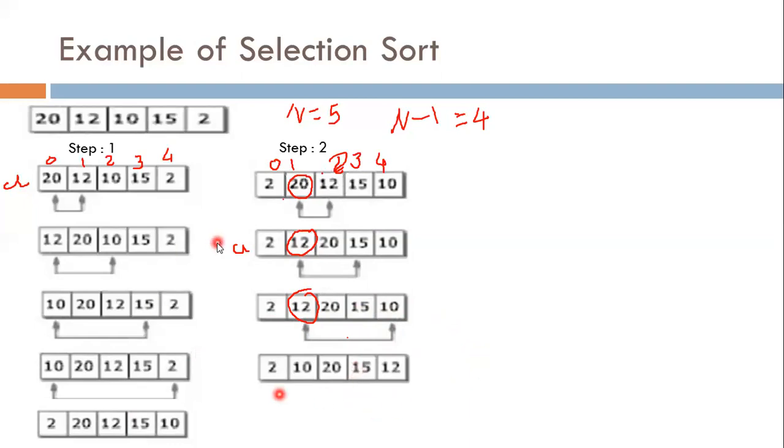Now let us see, after completion of step number 2, we get the second smallest element, which is 10, positioned at the second place. So after completion of step number 2, we get two elements in sorted order.